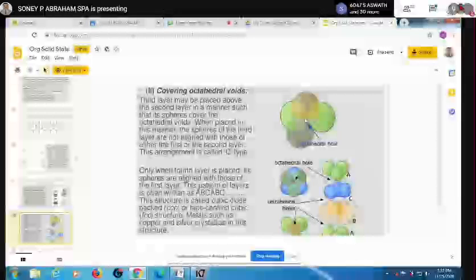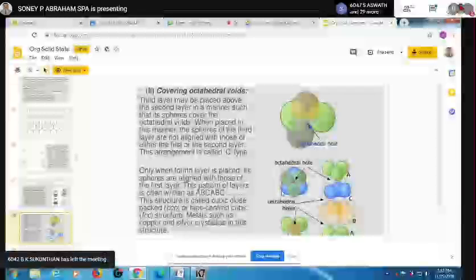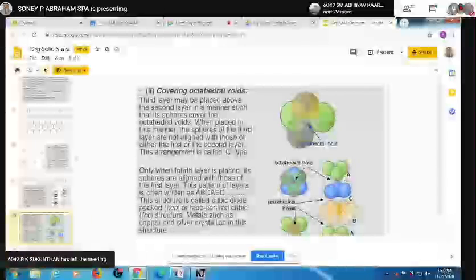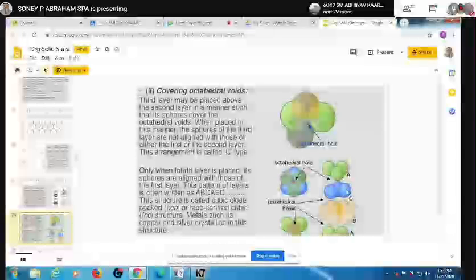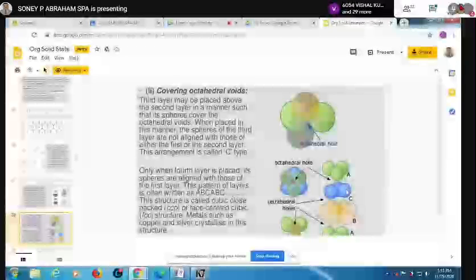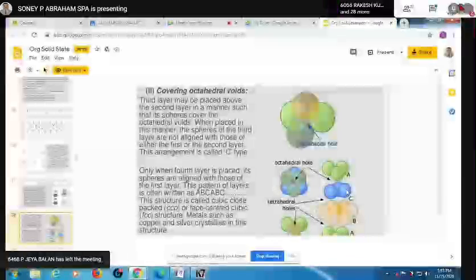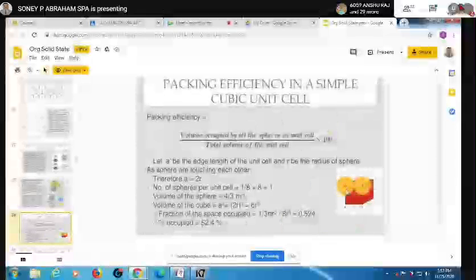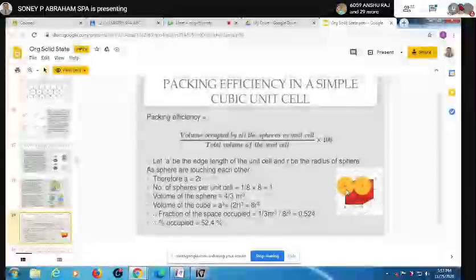This is the tetrahedral void and octahedral void, and you can see the ABC type packing, ABC layer. So every fourth layer will have alignment similar to the first layer. As I told you, both are equally efficient for covering the empty spaces.